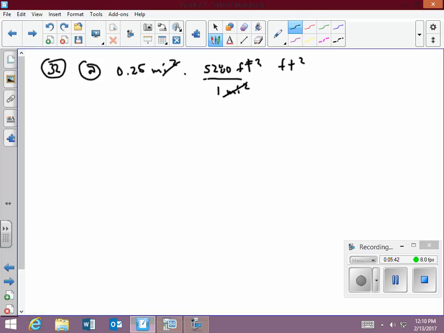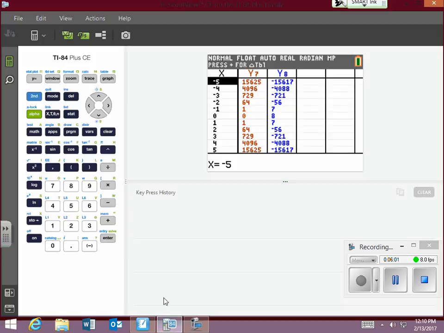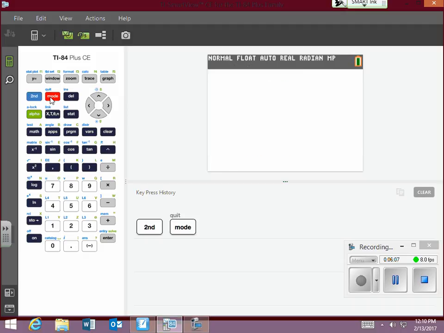So then it's 0.25 times 5,280 squared. That's it. 0.25, right?